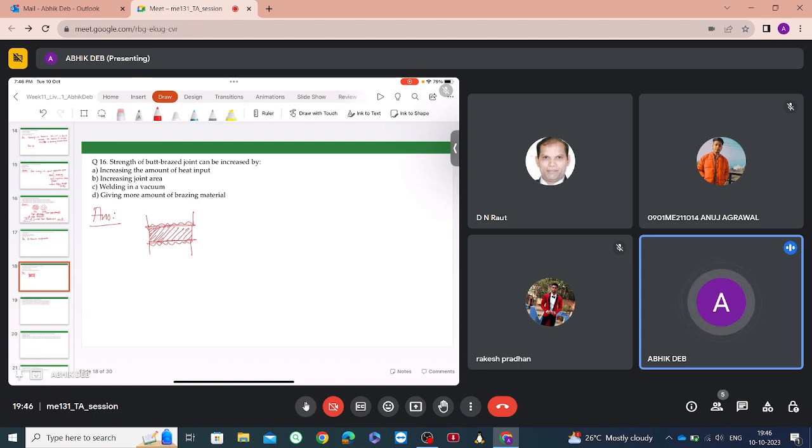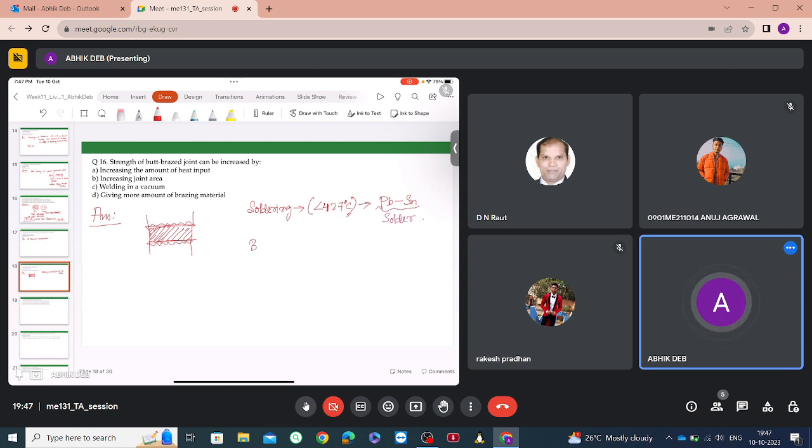In soldering, the main difference is that it happens at less than 427 degrees Celsius. We use solder, a lead and tin alloy, as the filler material.